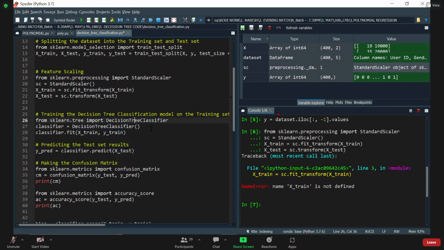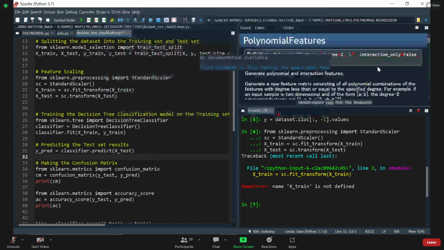So let's call DecisionTreeClassifier. By default, what is it? Gini index. Why?